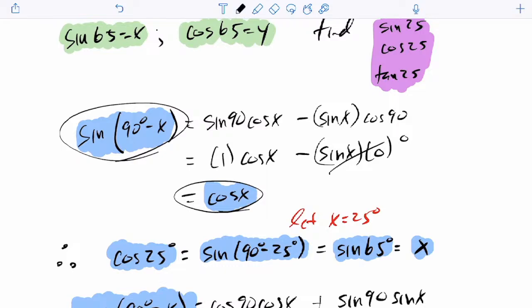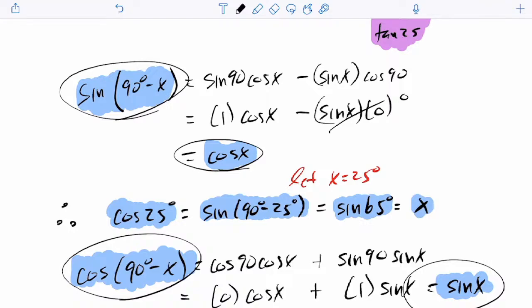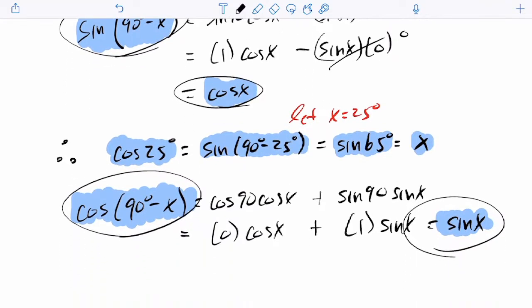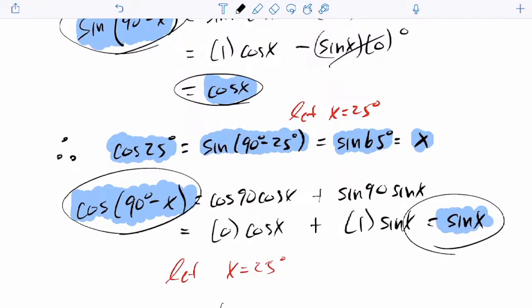So now I've got this relationship here. Now I could do the same thing: I'm going to let x equal 25 degrees. Therefore, the sine of 25 degrees, which is something else we want, has to equal the cos of 90 minus 25, which is cos of 65 degrees. And that's equal to y. So now sine 25 equals y.